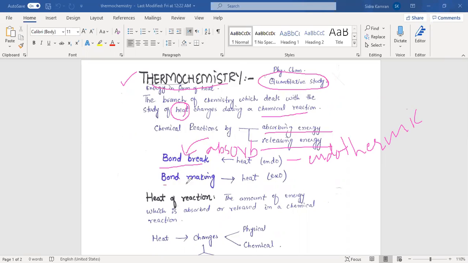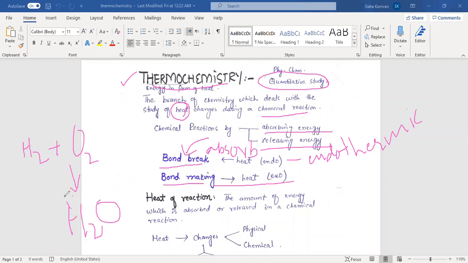But when you are making a bond, for example, a bond between hydrogen gas and oxygen gas to make water, that means you are making something. You are making water. So in this reaction, the system has to release the energy while it is making a bond.